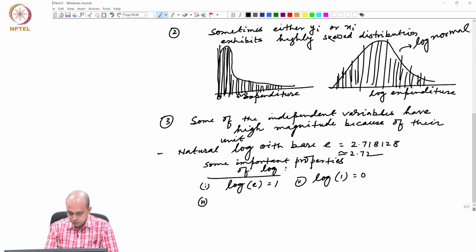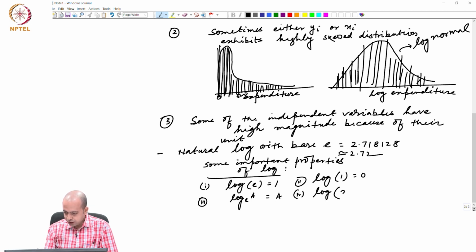Thirdly, log of a, base e, equals a. Fourth, log of x to the power r equals r log x.